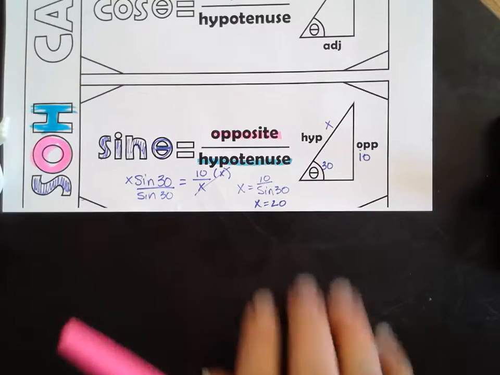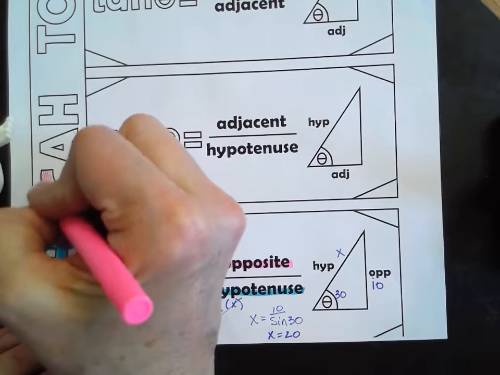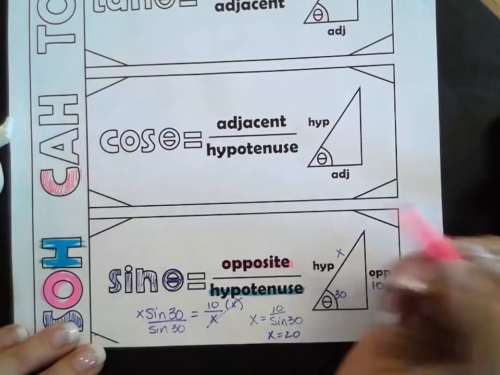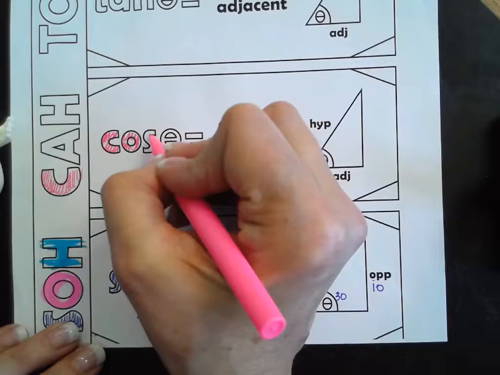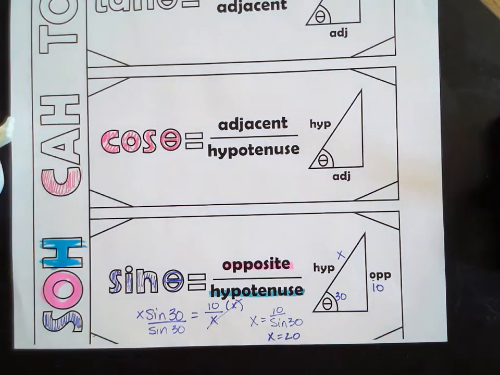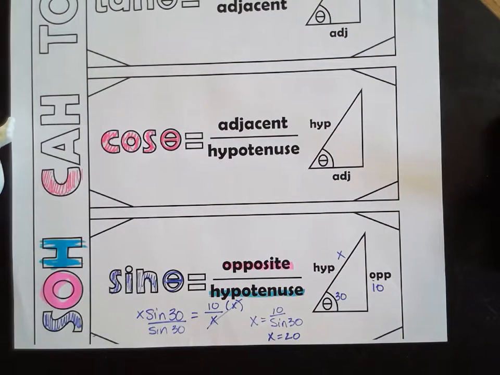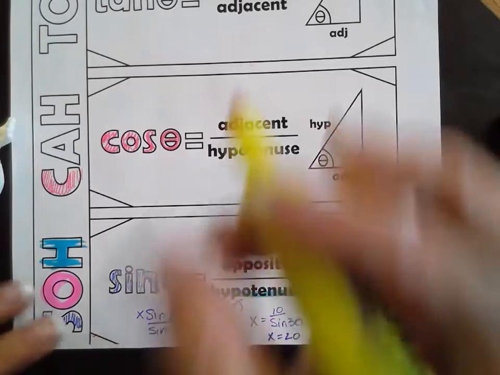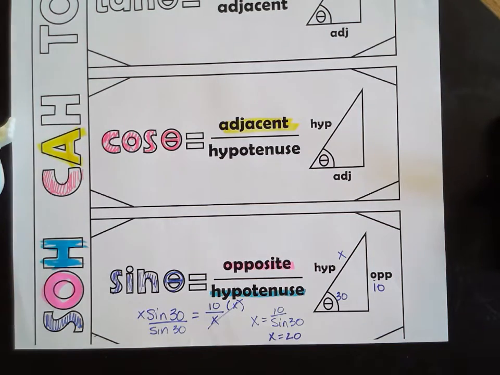All right, good. All right, cosine. Cosine is the other one that uses the hypotenuse, except it uses the side adjacent to it instead of opposite. And so we have adjacent over the hypotenuse.